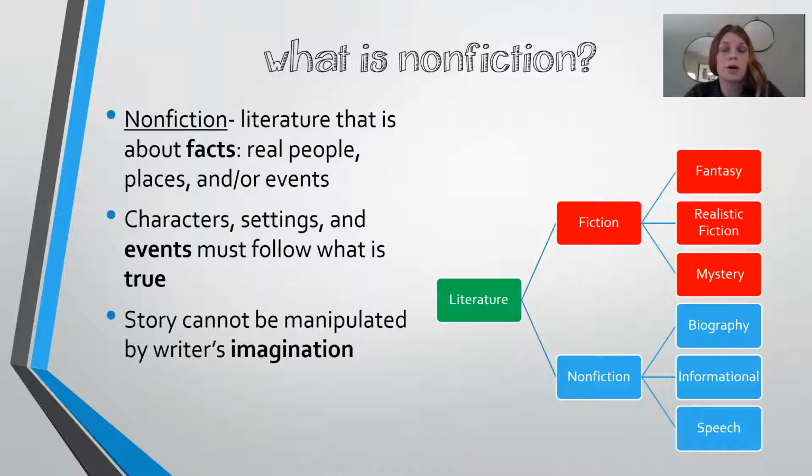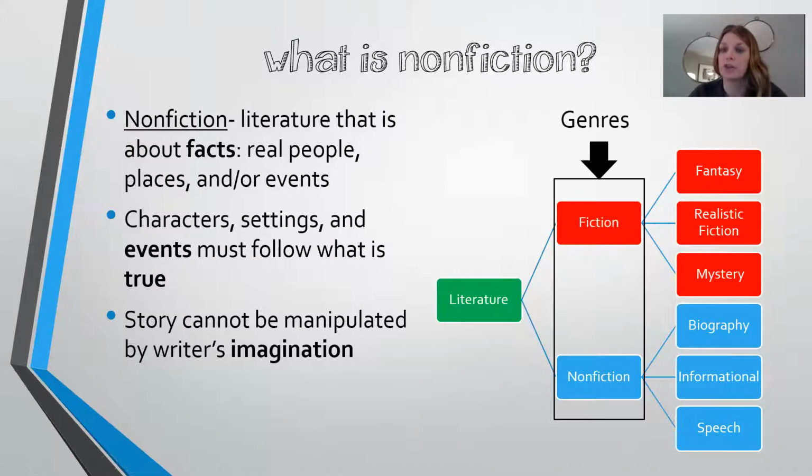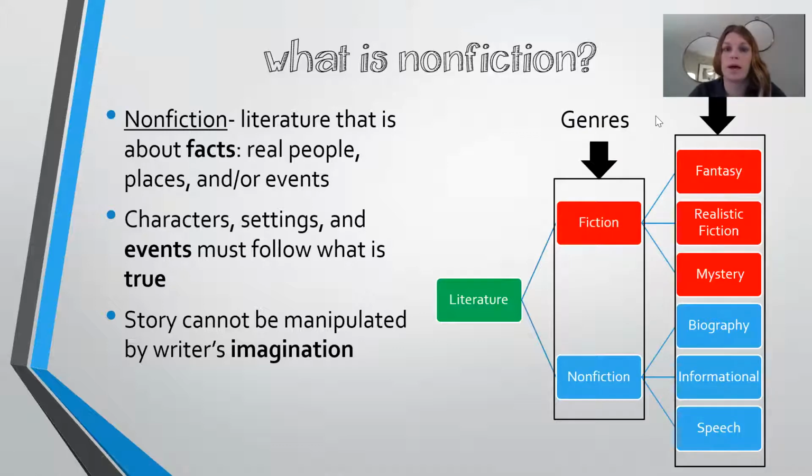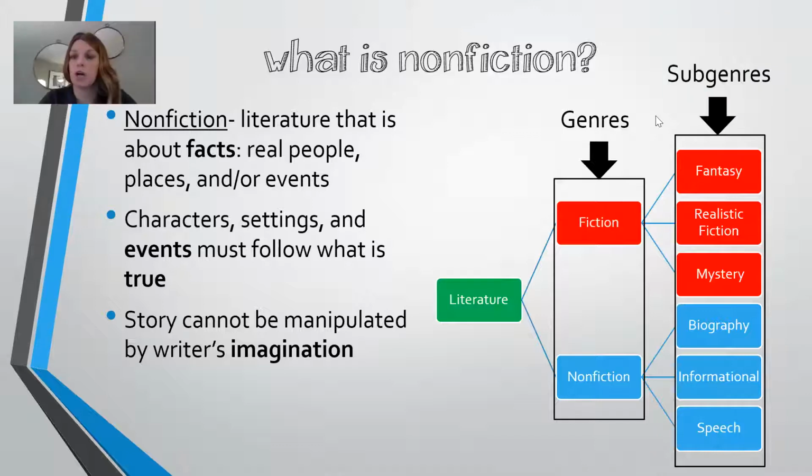If you have taken a look at your exit ticket, which you might not have, the answer to your exit ticket is on this page: the definition of nonfiction from your notes, and 1 example of a subgenre or a type of nonfiction. These are the genres, and these are our subgenres. So that's your exit ticket for today.